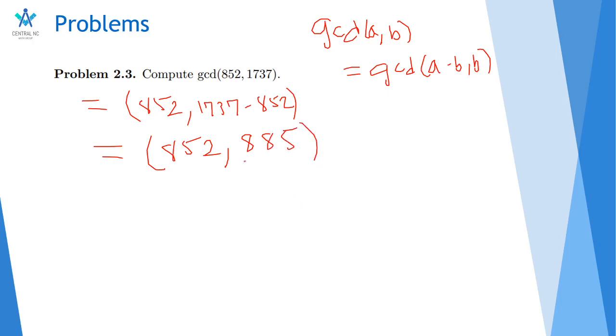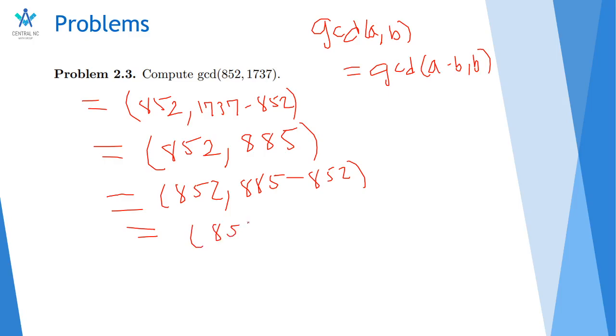Well, we can perform the subtraction again, and this is going to give us 852 and 885 minus 852, which is going to be equal to 852 and the greatest common divisor 852 and 33.